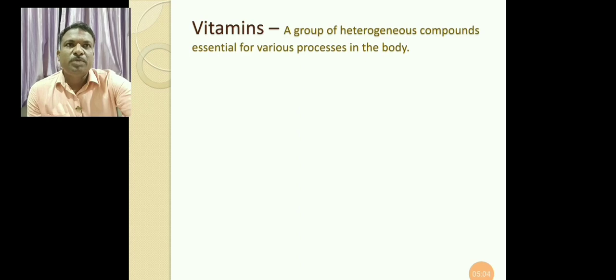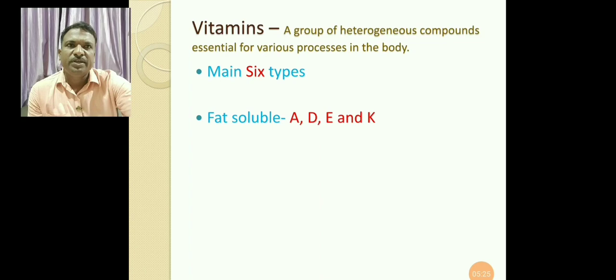The next food component is vitamins. Vitamins are a group of heterogeneous compounds and are very essential to various processes in our body. Basically, vitamins are mainly of six types: A, B, C, D, E, and K. Of these, A, D, E, and K are fat soluble, meaning they are soluble in fat, while B and C are water soluble.